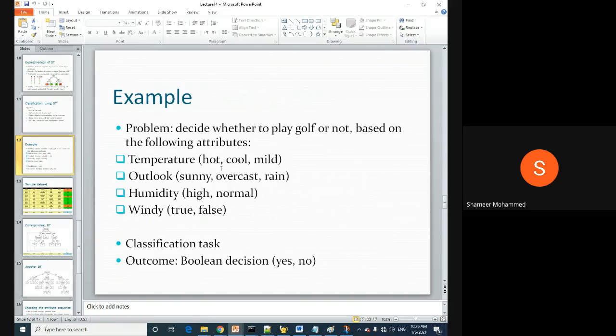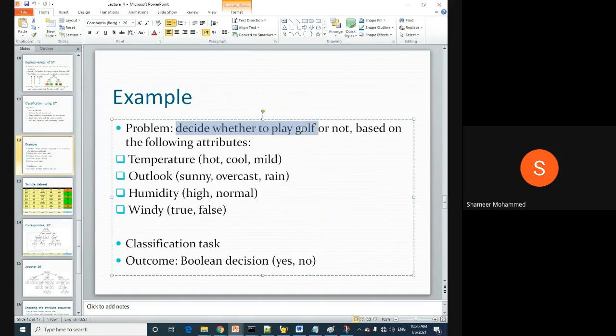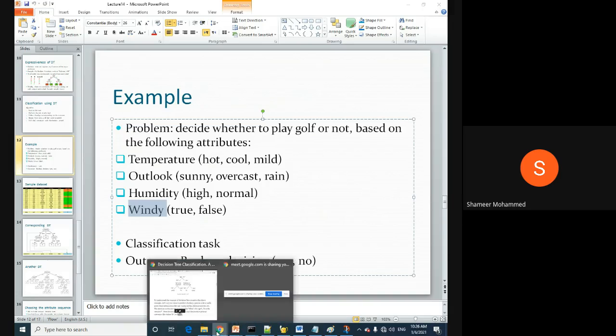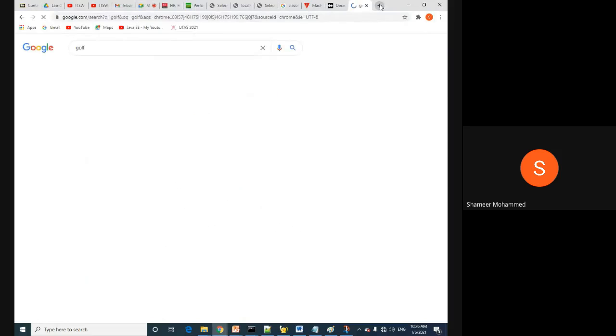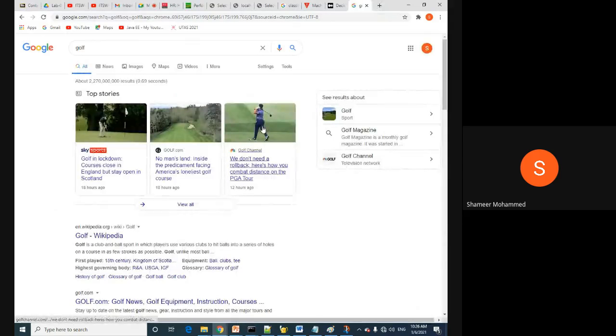Examples are given here. One more example is deciding whether to play golf or not based on the following: temperature, outlook, humidity, and wind. The final outcome will be yes or no. This is the data you have.